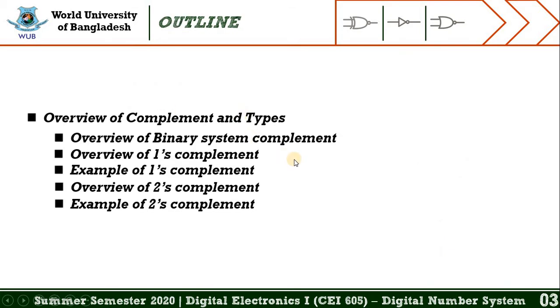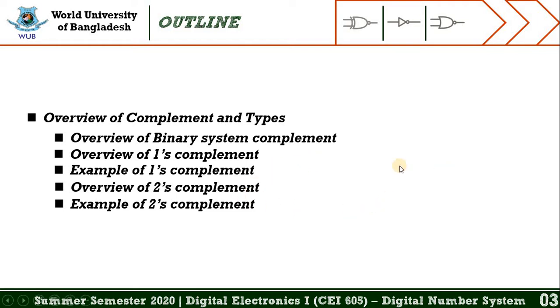This slide represents the overall scenario of this lecture, and you can say the end lecture of the second week. So you may learn from this lecture complement as well as types, the overview of binary system complement, the overview of ones complement, and one example of ones complement.